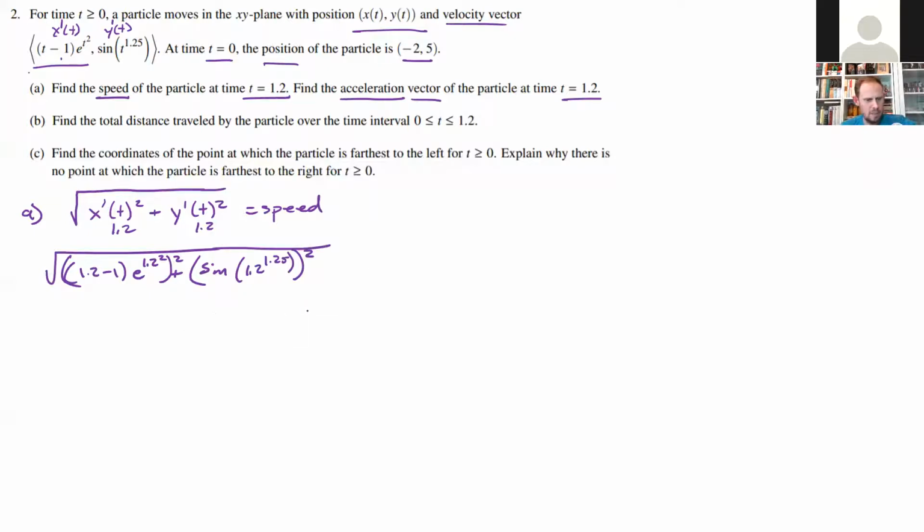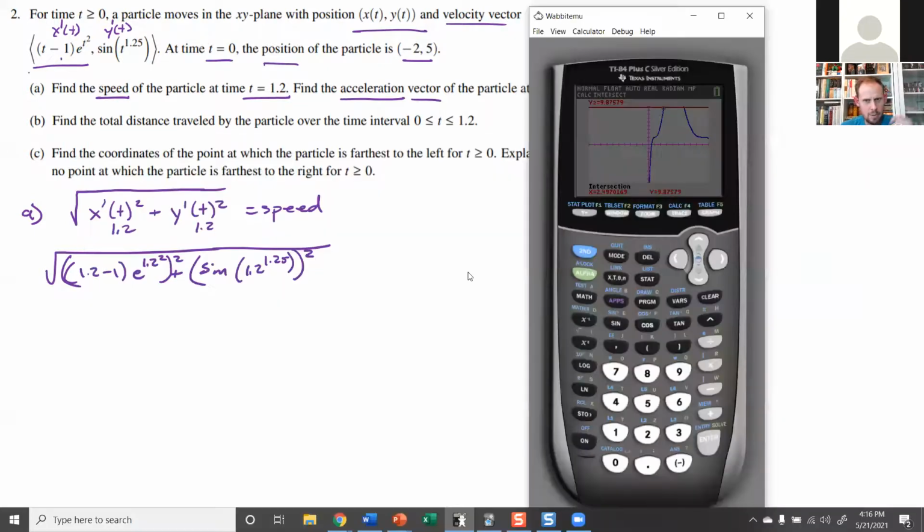All right, so that's really just a calculator exercise at that point. So let's quit that. Second square root of parentheses 1.2 minus 1, which really is just 0.2, but I'm lazy. Second e raised to the 1.2 squared.